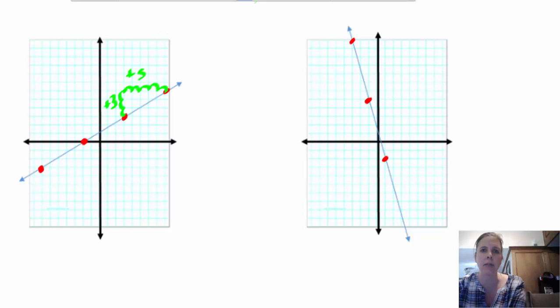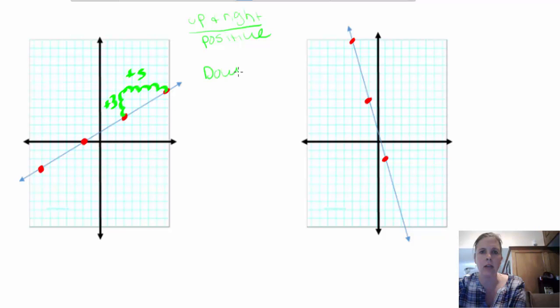Let me change my pencil because that's writing too thick. Remember, up is positive and to the right is positive. Let me write that down. Up and right are positive. Don't forget this.